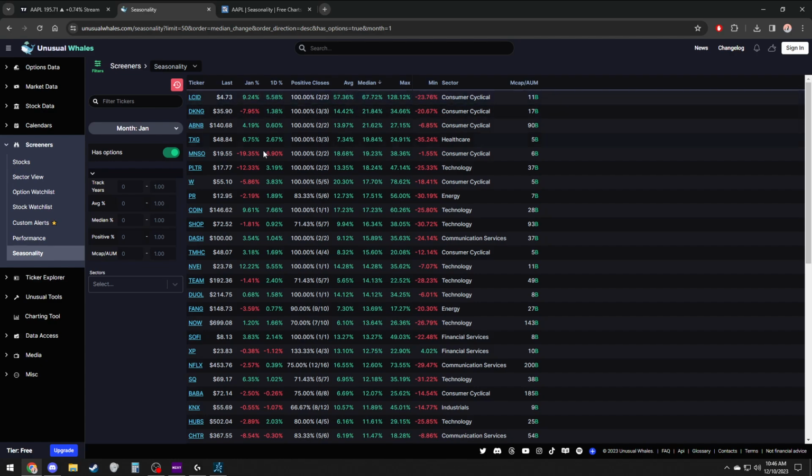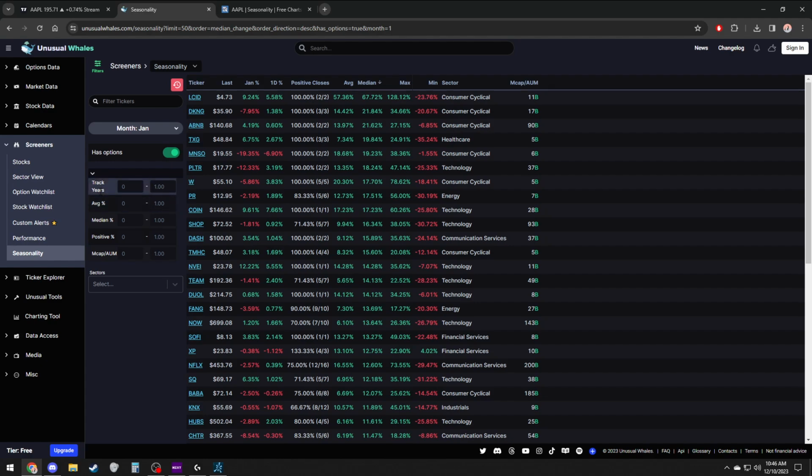So like January, these are all the stocks, the performance for each stock in January, and you could track the certain amount of years, the average gain, the median gain, which I usually use median. I stay away from average because you can have 1 or 2 years that are outlier months, right?